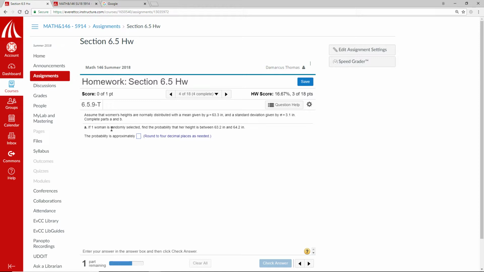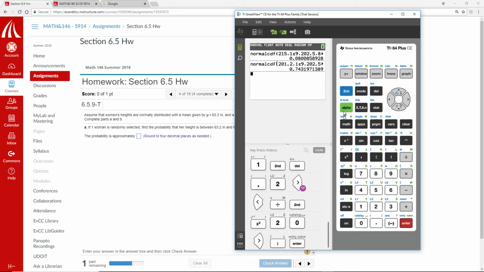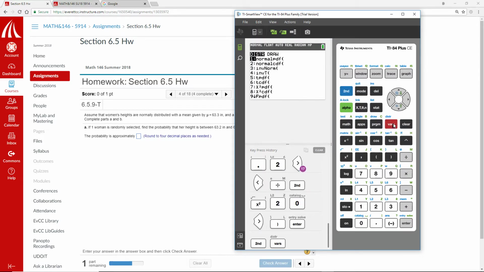We did this one similar in class. You're just going to do normal CDF, lower bound, upper bound, mean, deviation for part 1. And part 2, let's try it really fast. We'll do second distribute number 2.